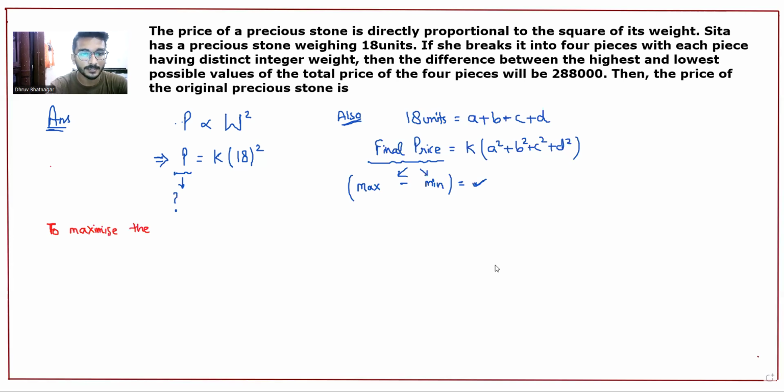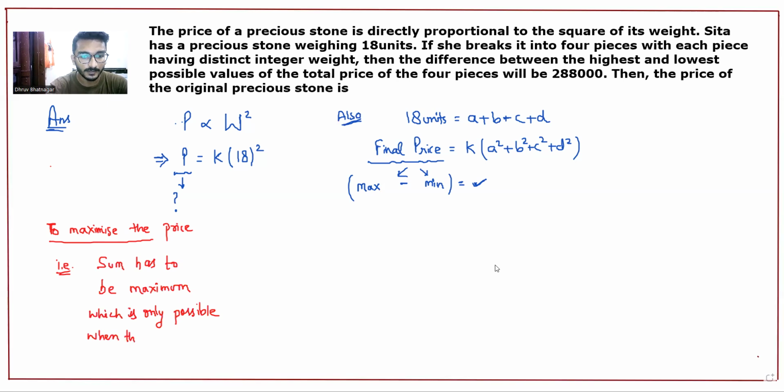So how can you maximize the sum? For this particular question, we have to maximize the sum, that is the price, because the price depends on A square, B square, C square, and D square. We have to maximize this thing. So the sum has to be maximum, and it is only possible when the values are as far as possible.